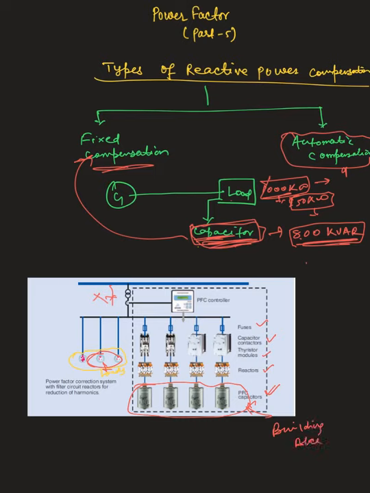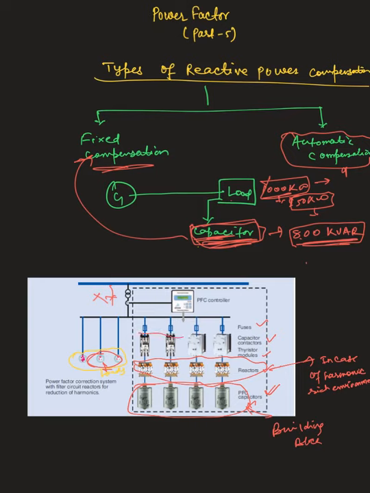Then these reactors are mainly used in a harmonic rich environment. In further videos, I'll explain each of these parts in detail. Here I'm just giving you an overview. So the reactor is used in a harmonic rich environment.